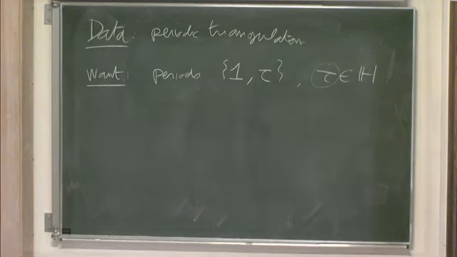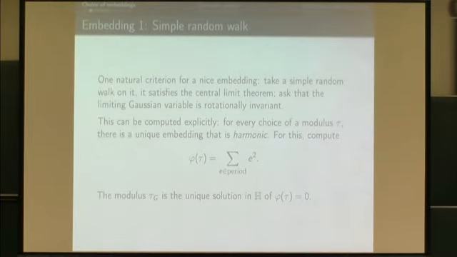So there is a scaling limit of this, which is a Brownian motion, and it has some covariance matrix. And if the graph is chosen symmetrically, you expect the covariance matrix to be a scalar matrix. So that's what will give you a rotational invariance. So that's one thing you might try. You try to find an embedding for which you can tell that the scaling limit of the simple random walk will be rotationally invariant.